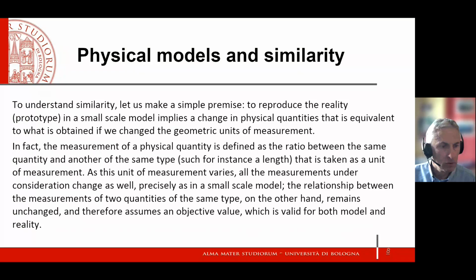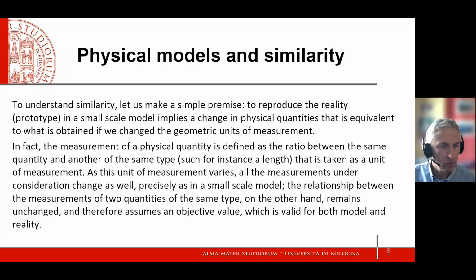So, for instance, we know that if we change the geometric units, the value of any relevant physical quantity changes. If we measure the distance not in meters but in kilometers, we know that the number indicating velocity changes if we indicate the velocity in meters per second rather than kilometers per hour.